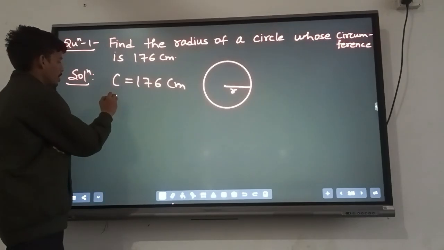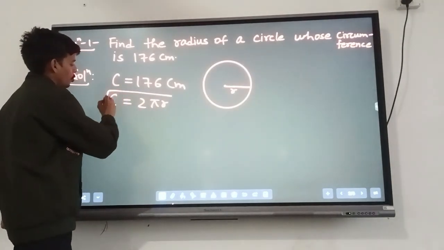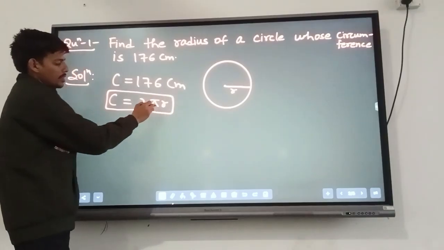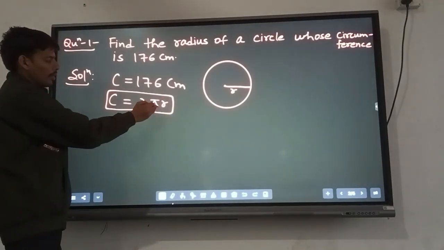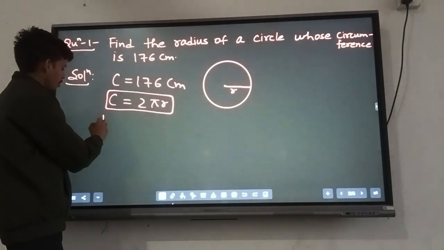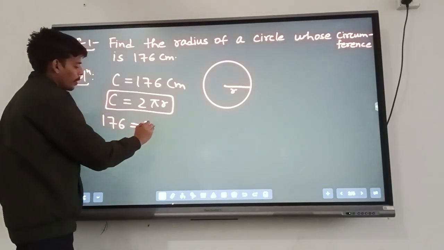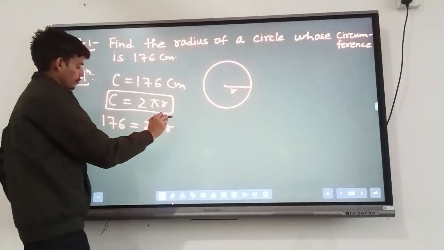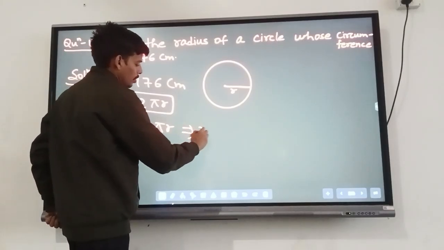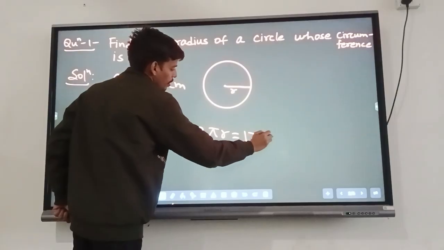We know that C equals 2 pi R. Means the value 2 pi R is equal to 176 centimeter.